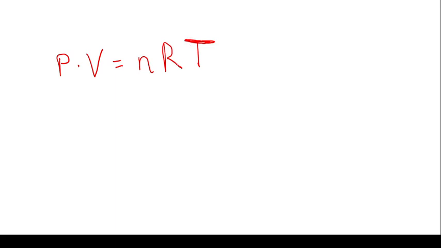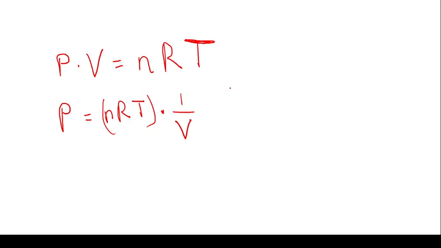We are trying to study the pressure versus volume relationship here. So if I rewrite this equation, I get P is equal to nRT times 1 over the volume. I took this equation and divided both sides by volume.